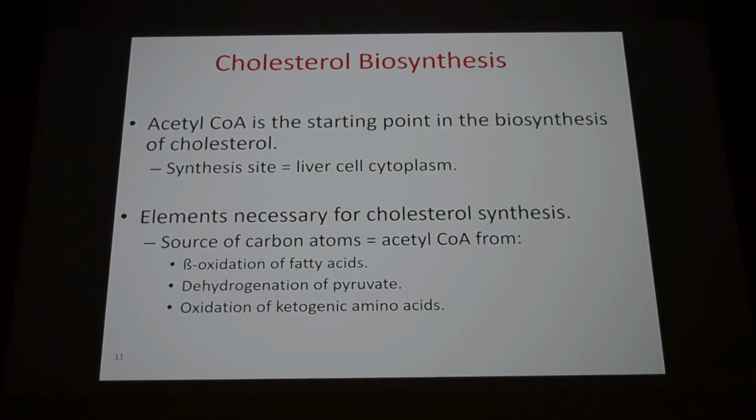The elements that are necessary for cholesterol synthesis include, first, acetyl coenzyme A, which is the source of carbon atoms. We need 3 acetyl coenzyme A to start the synthesis of cholesterol. This acetyl CoA can be obtained from the oxidation of fatty acid, as you studied with Dr. Ahmad, or from the dehydrogenation of pyruvate, which is obtained from glucose metabolism, or from the oxidation of ketogenic amino acid.